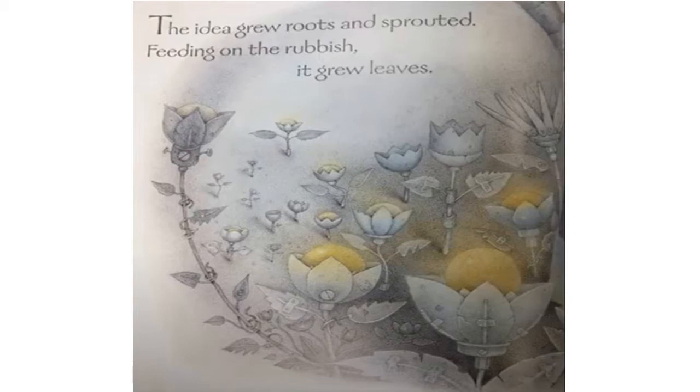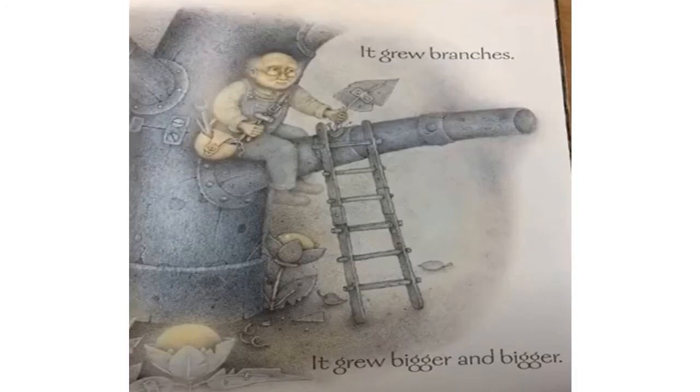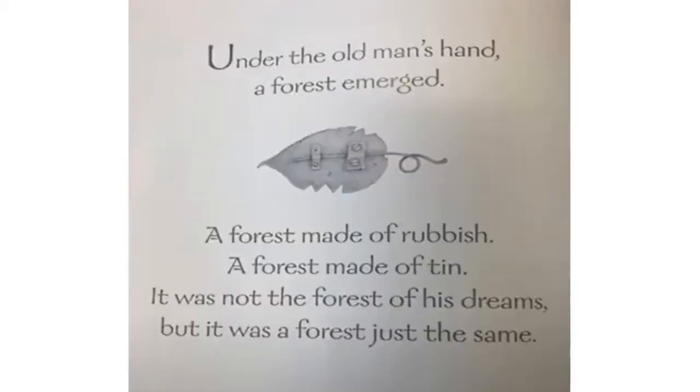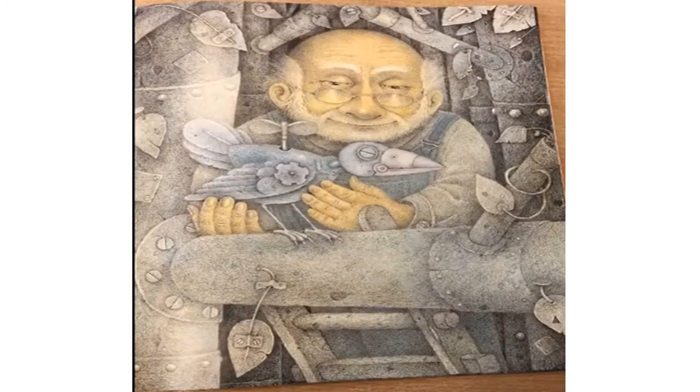Feeding on the rubbish, it grew leaves. It grew branches. It grew bigger and bigger. Under the old man's hand, a forest emerged. A forest made of rubbish. A forest made of tin. It was not the forest of his dreams, but it was a forest just the same.